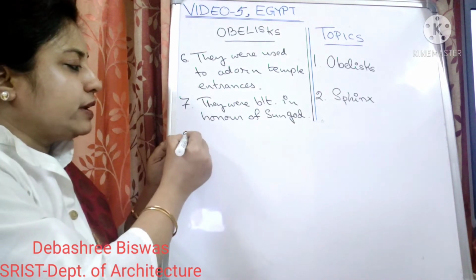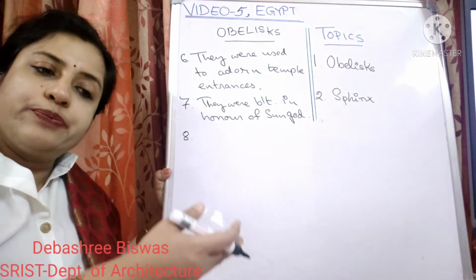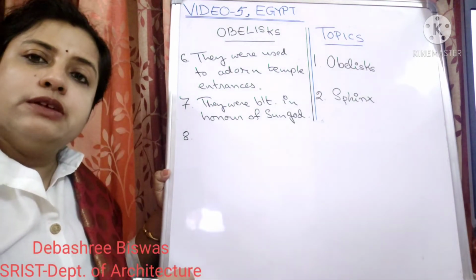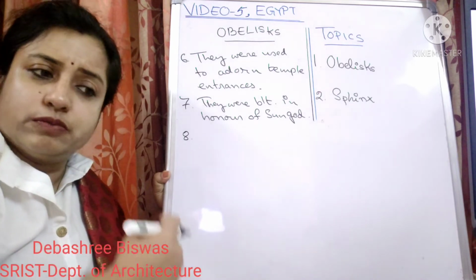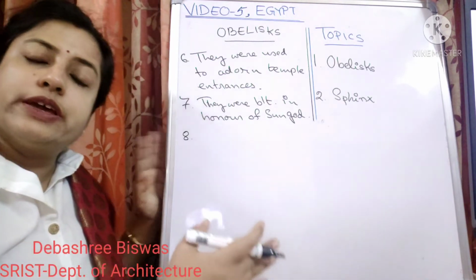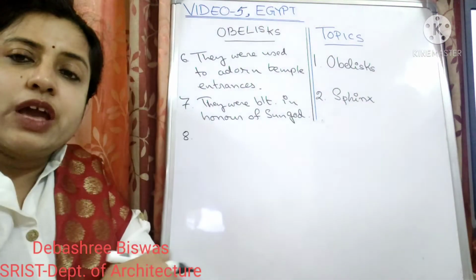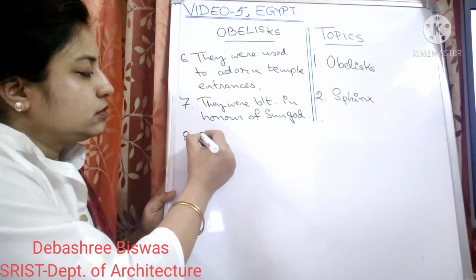And in later periods, when Rome conquered Egypt, they were shifted by the Romans from the deserts of Egypt and they reinstalled them in Rome, along their colosseums, along their piazzas.